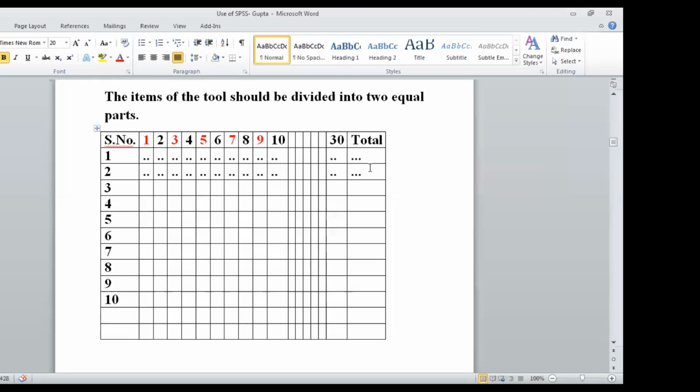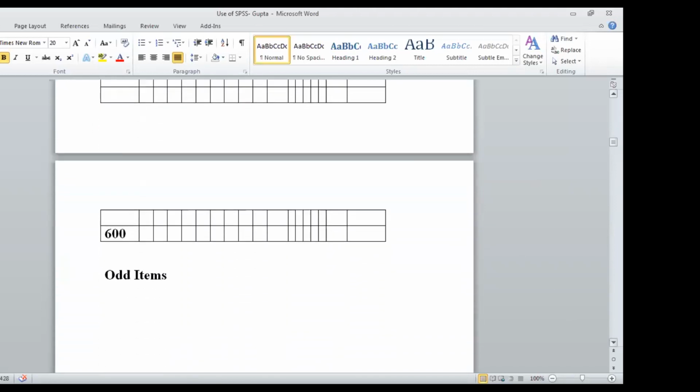Or if your total is 60, then it will become 30. So like this you can find out the score on the odd items and the scores on the even items. You now have the scores on each odd item as well as the even items.